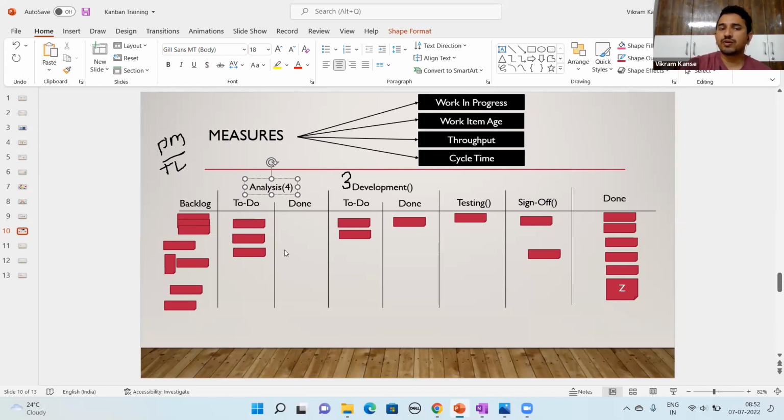We can only take 4 at a time and work on 4 stories, which includes the entire to do and done, right? And you keep a lane here which says ready. So I move the backlog here, and I say ready here. We will pull the work when it is in ready mode.